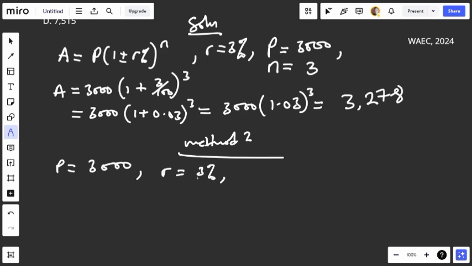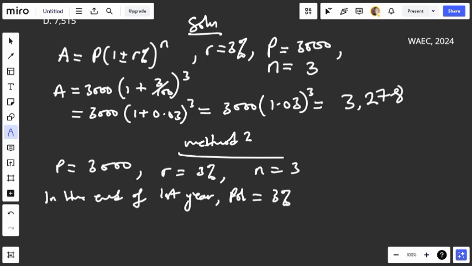Our time is 3 years. By the end of the first year, the population will be 3% of 3,000 plus 3,000. 3% of 3,000 means 3/100 times 3,000, plus 3,000.